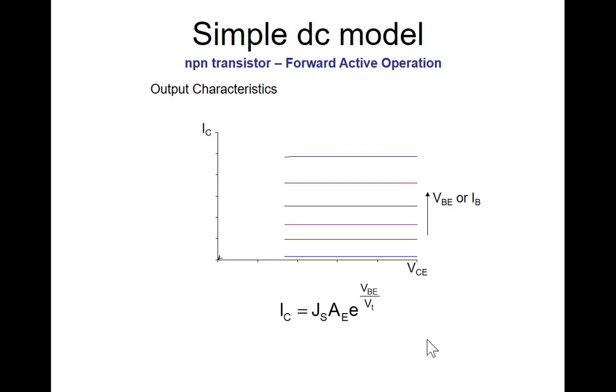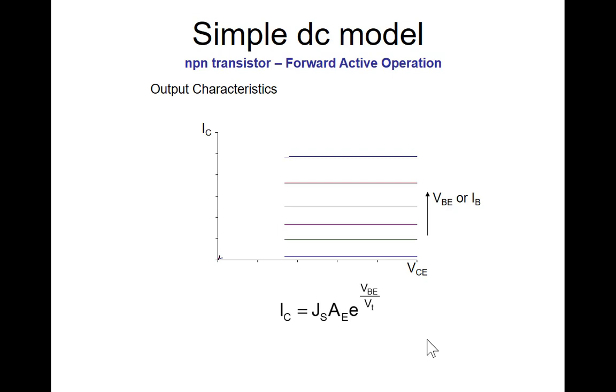If I plot them for different values of VBE, I have like VBE of 0.55, 0.551, 0.552. A small change in VBE would result in a nonlinear spacing in these curves. It's more common that we express these in terms of base current values.